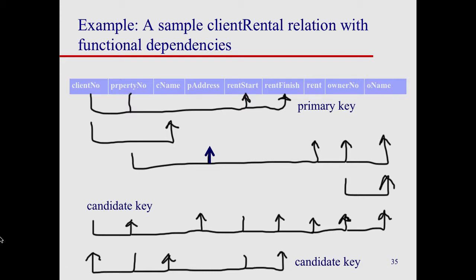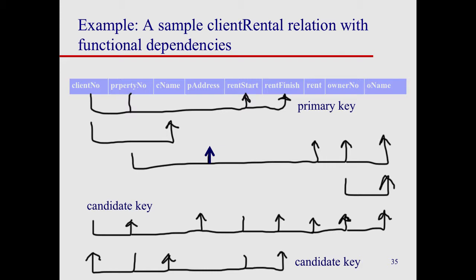But with client number and rent start as your primary key, this second dependency up here, property number determining all these other things, becomes a transitive dependency in this case and would be used for doing a transformation from second normal form to third normal form.